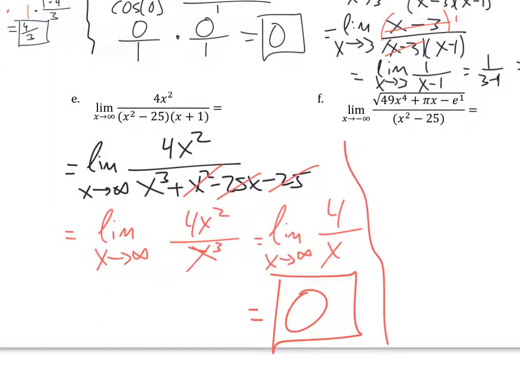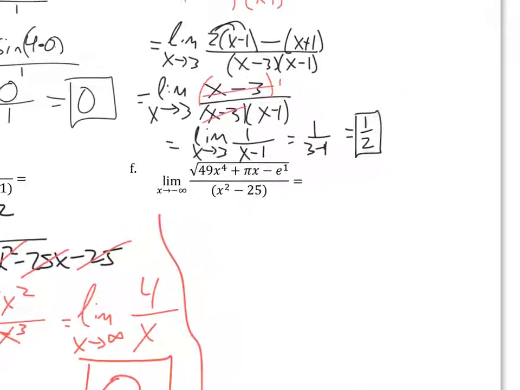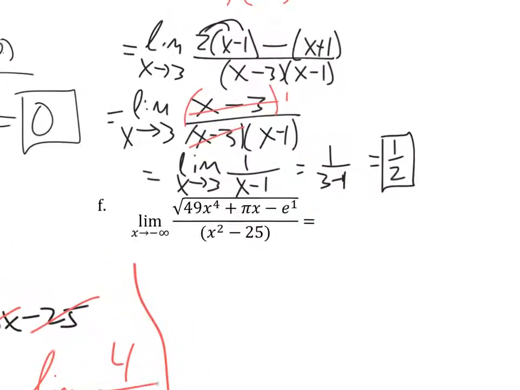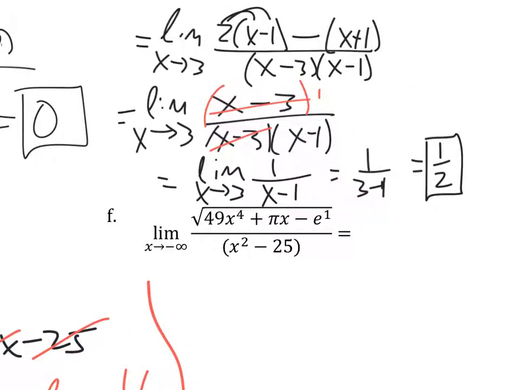All right, and then what about this guy? Another infinite limit going to infinity here. And so at negative infinity in this case, these small things don't matter. Okay, can't cross out the square root or anything like that, but we can break it down as x goes to negative infinity.